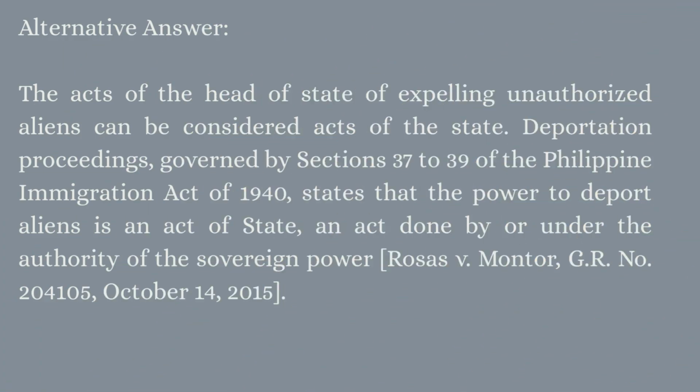Alternative answer. The acts of the head of state of expelling unauthorized aliens can be considered acts of the state. Deportation proceedings governed by Sections 37 to 39 of the Philippine Immigration Act of 1940 state that the power to deport aliens is an act of state, an act done by or under the authority of the sovereign power.